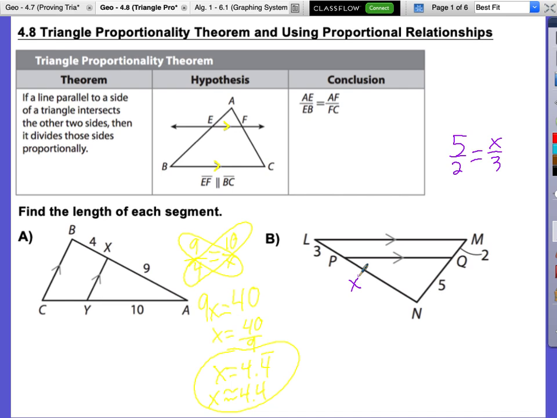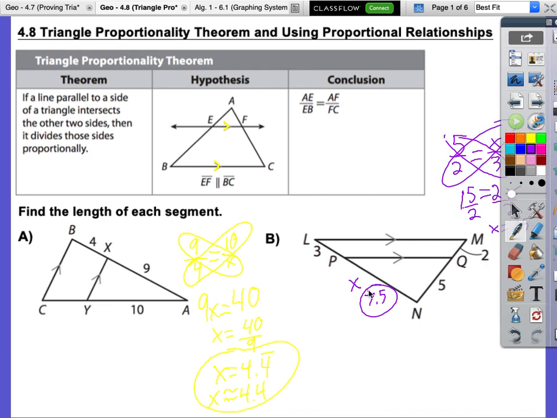We'll talk about that after we solve it. But I like it. So let's cross multiply. 5 times 3 is 15. 2 times x is 2x. Divide by 2, divide by 2. X is equal to 7.5.